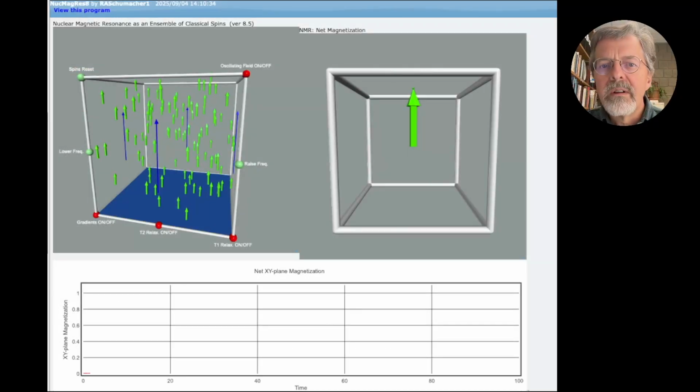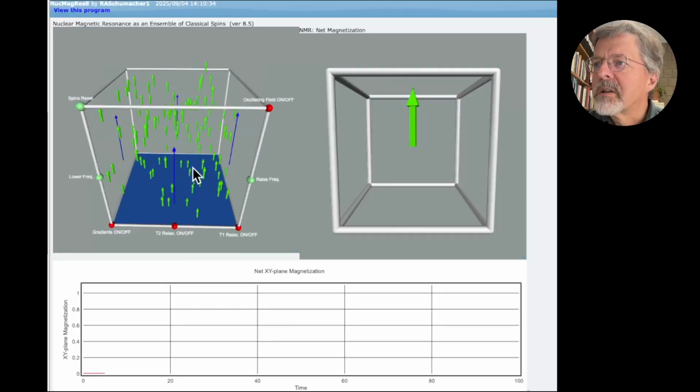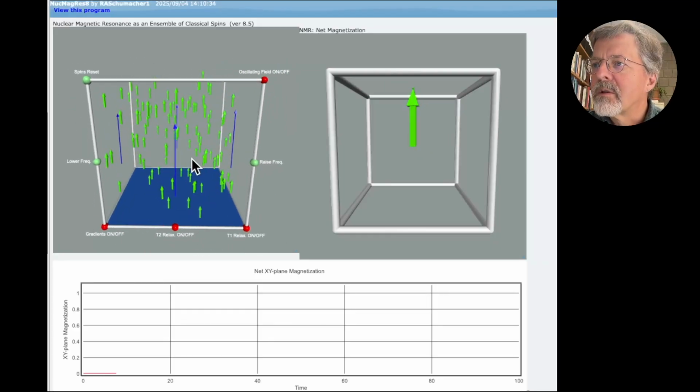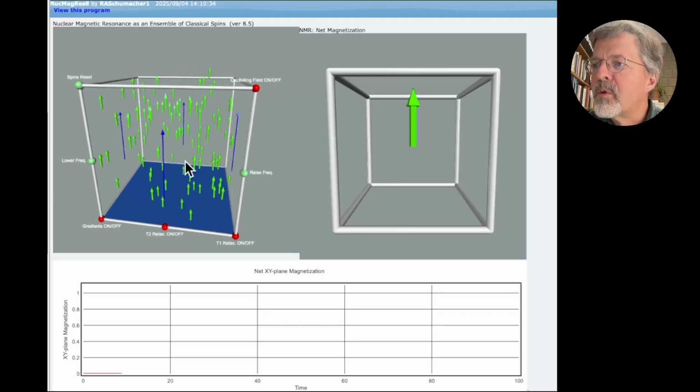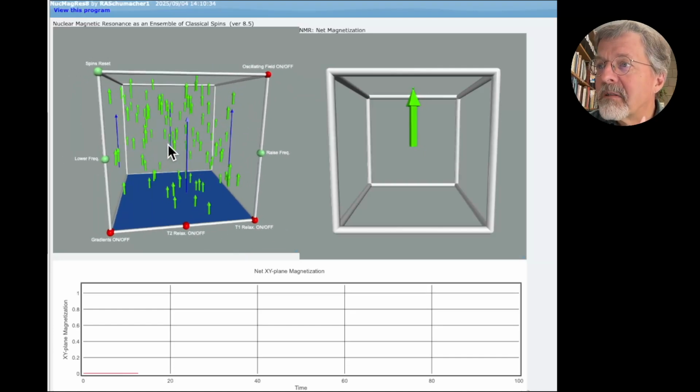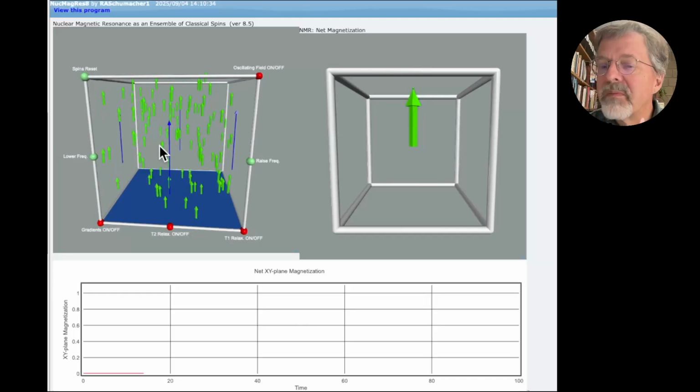All right, so here on the left side of the screen, I'd like you to imagine this is our sample. The little green arrows are individual spins in the sample. This might be a biological sample, a protein which has a lot of protons hanging around, and each one of these green arrows is one sample element, one hydrogen atom, if you will.